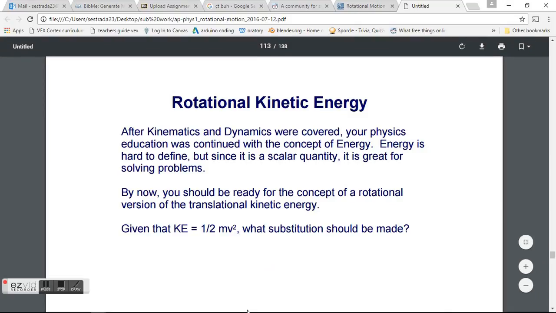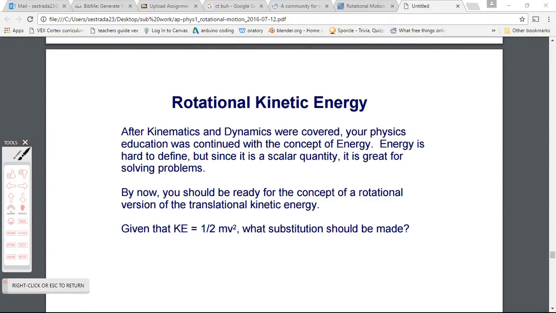So we already know that kinetic energy is 1/2 mv squared. Let's think, what do we think is going to be kinetic energy when rotating? So rotational, and I'm using a trackpad, not a mouse, so I'm sorry. That'll be 1/2, and instead of m, mass, which is a measure of translational inertia, we're going to put I for rotational inertia.